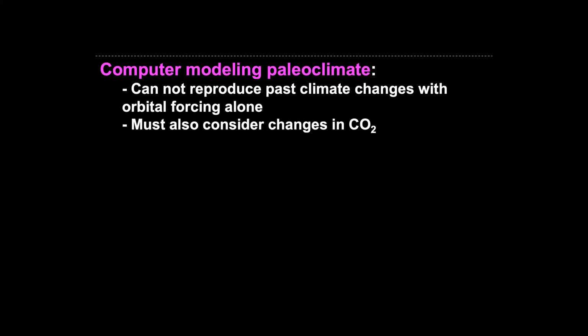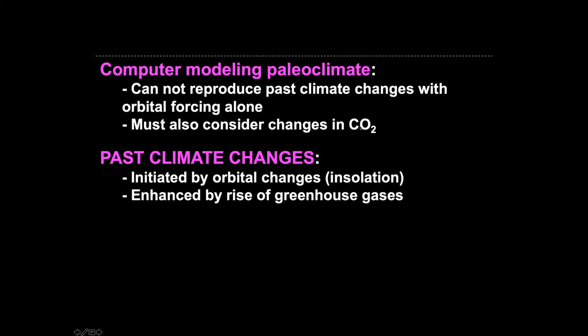With computer modeling of paleoclimate, you cannot reproduce the past climate changes with orbital forcing alone. So you also have to consider changes in CO2. Past climate changes initiated by orbital changes were also enhanced by greenhouse gases, which is what we're doing now, but we're doing it artificially.